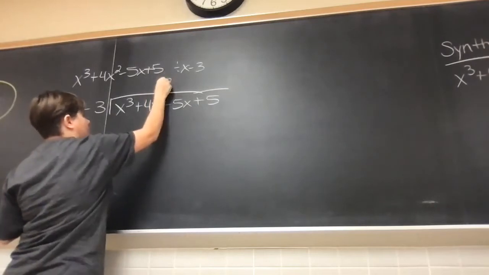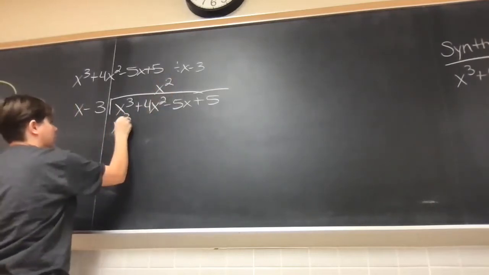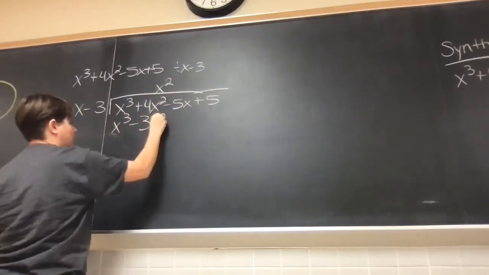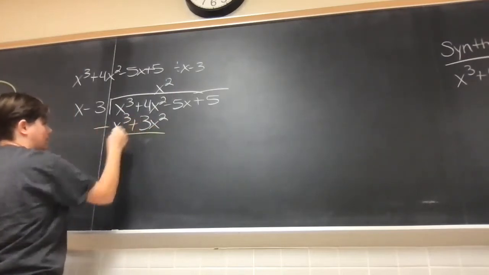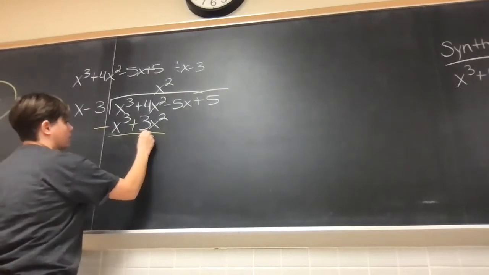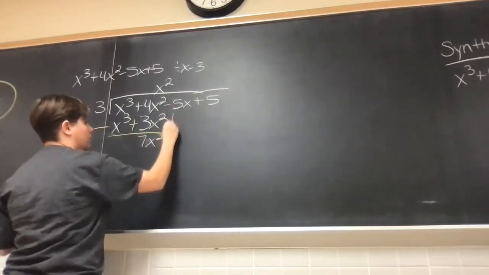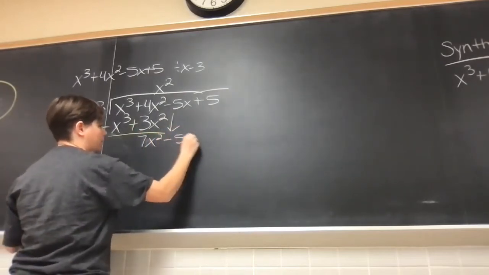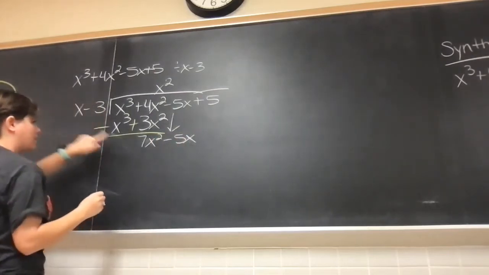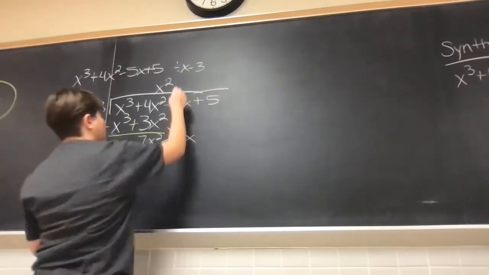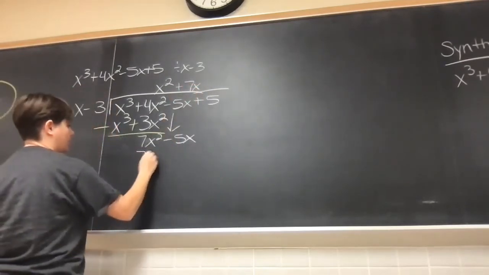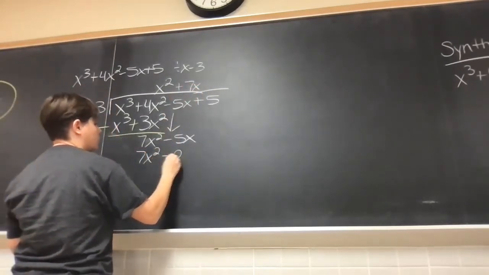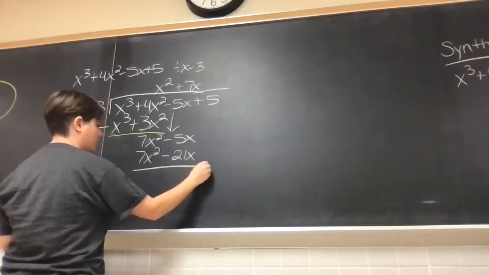So I need x squared. That'll give me x to the third minus 3x squared. Draw the line, change my signs. So I get 7x squared. Bring down my negative 5x. I need x to go into 7x squared. I need a plus 7x, which will give me 7x squared minus 21x.